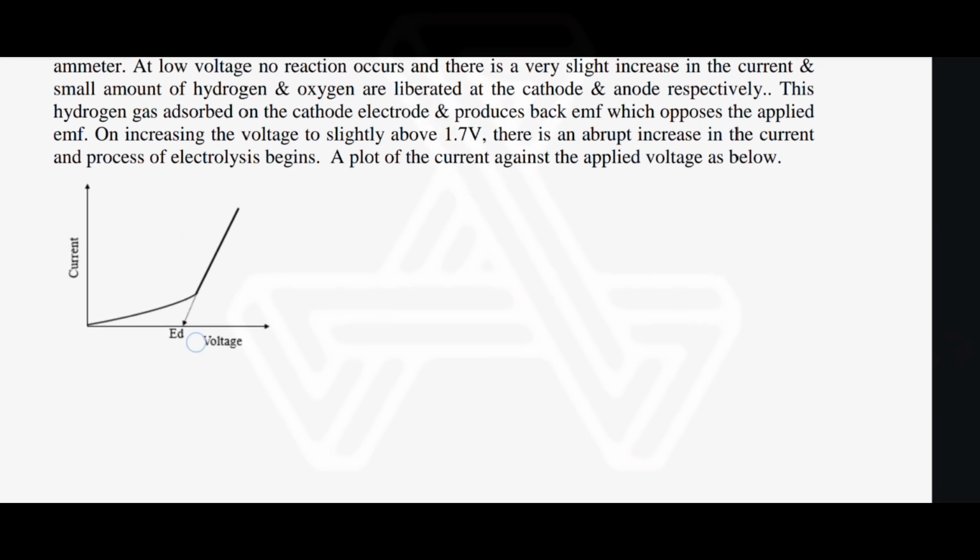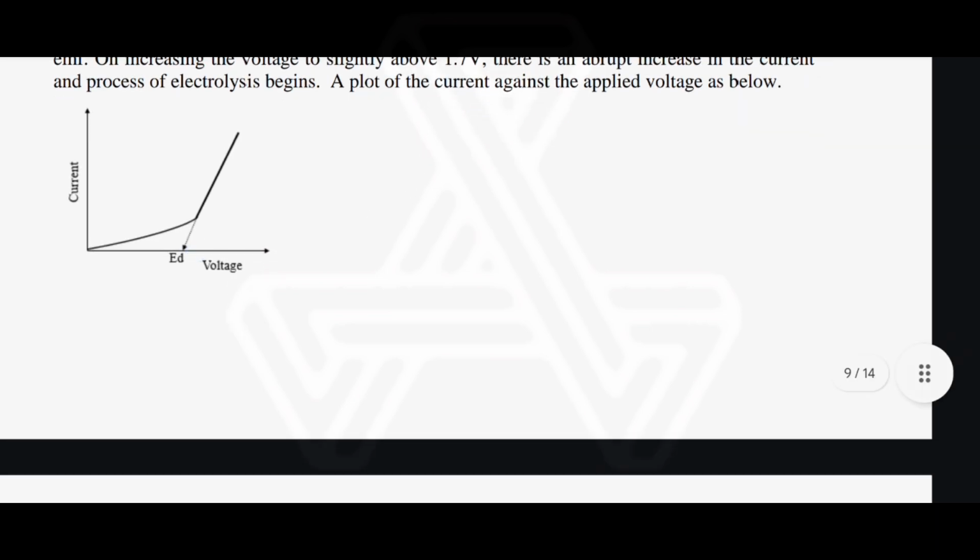This hydrogen gas is absorbed on the cathode electrode and produces a back EMF, which opposes the applied EMF. On increasing the voltage to slightly above 1.7 volts, there is an abrupt increase in current, and the process of electrolysis begins.